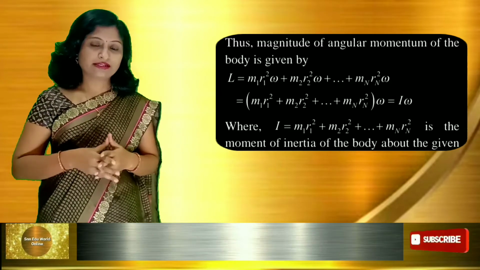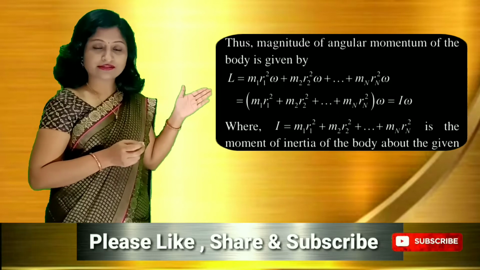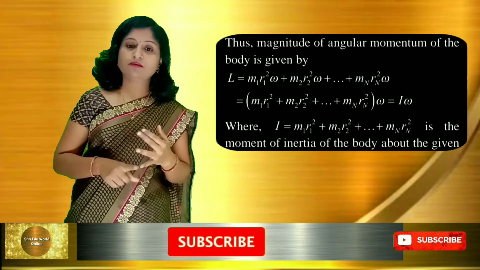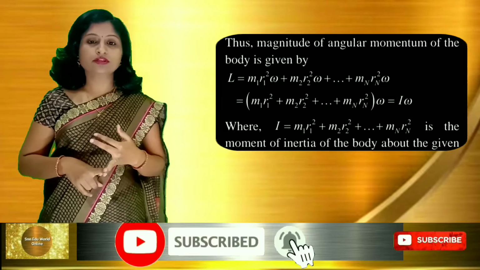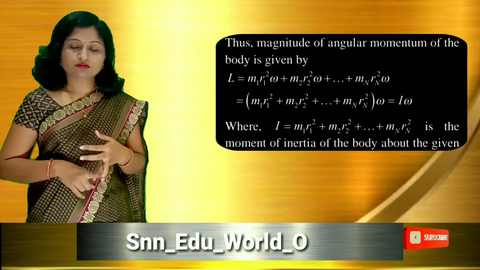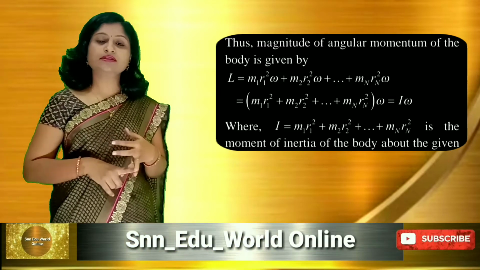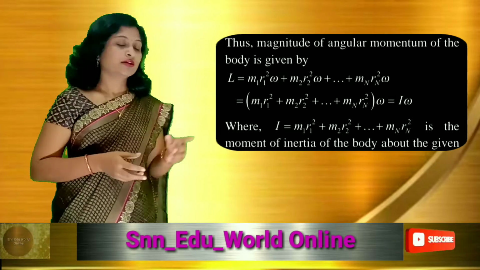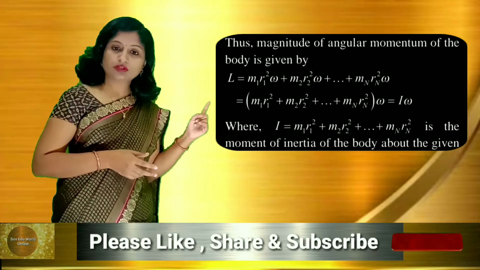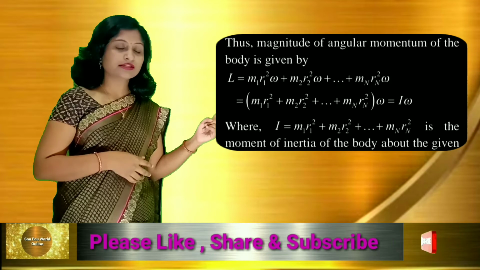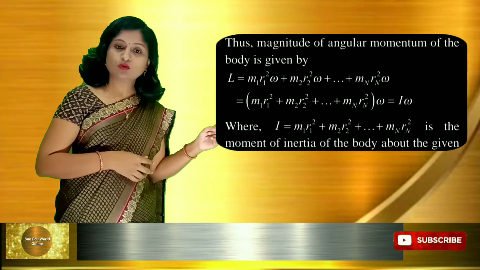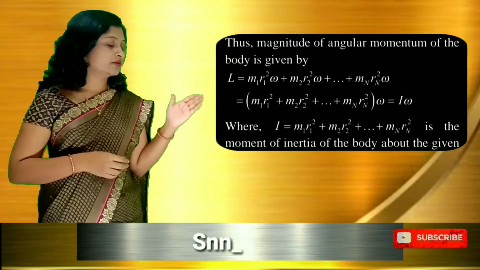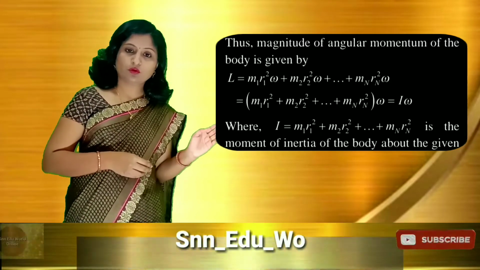Now observe this bracket. It represents the moment of inertia, the product of mass and square of the distance, mr square. So for each particle we get summation mi ri square, that means moment of inertia I. So the total angular momentum L can be written, instead of the bracket, as moment of inertia I into omega. So angular momentum is equal to I into omega.